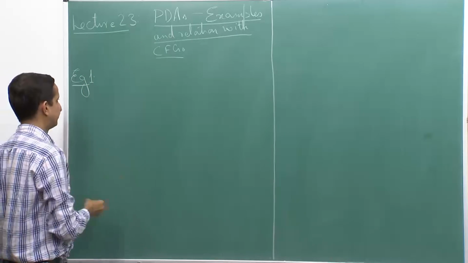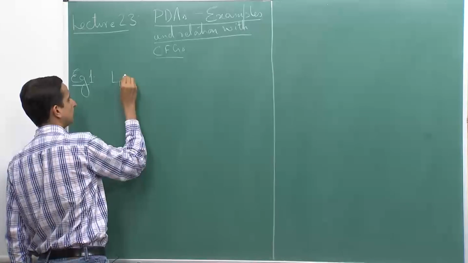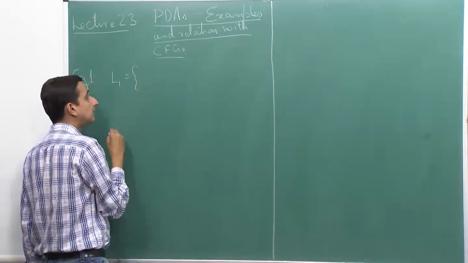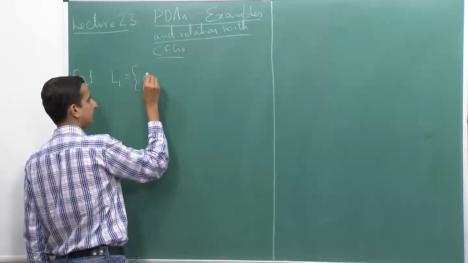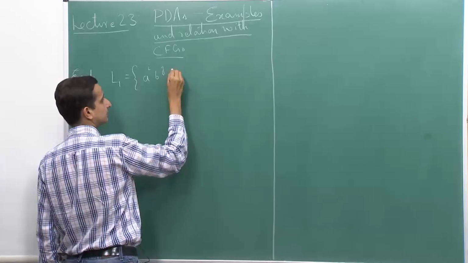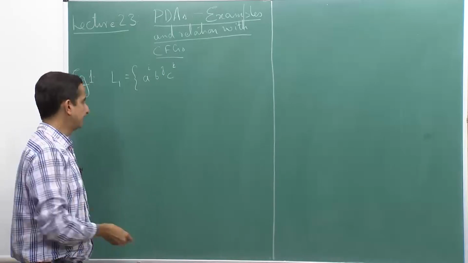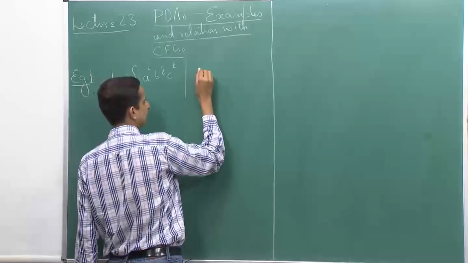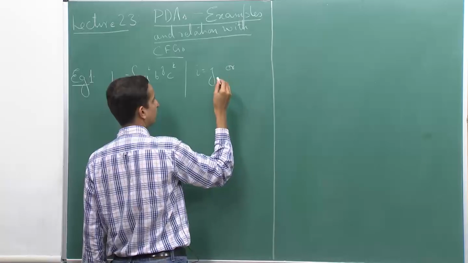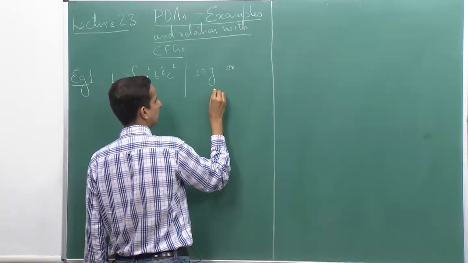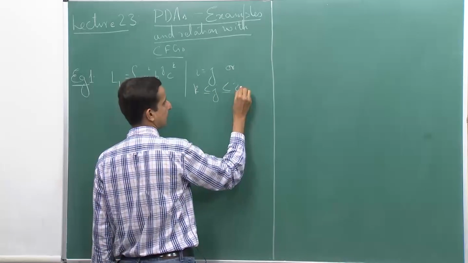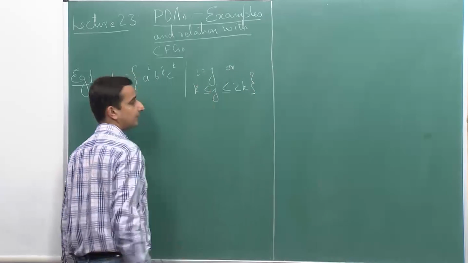Our first example is going to be a language, let us call it L1. It has strings over the alphabet {a, b, c} of the form a^i b^j c^k, such that either i equals j or j lies between k and 2k.